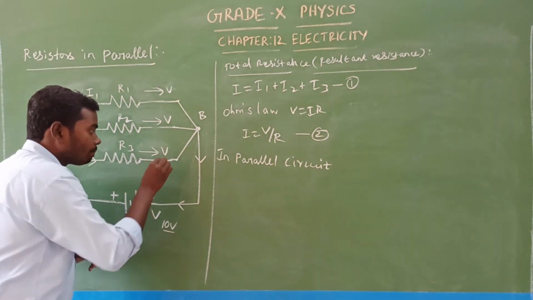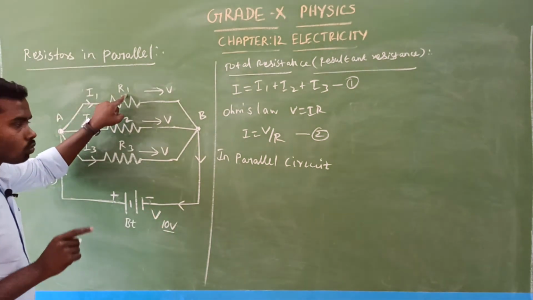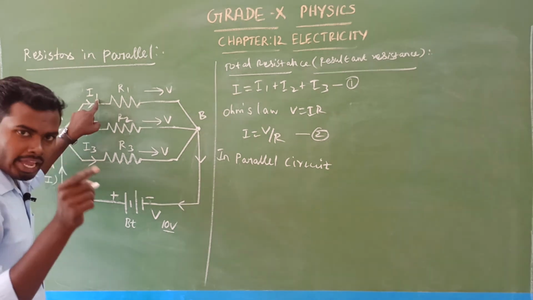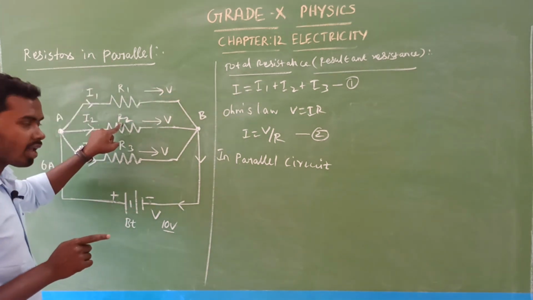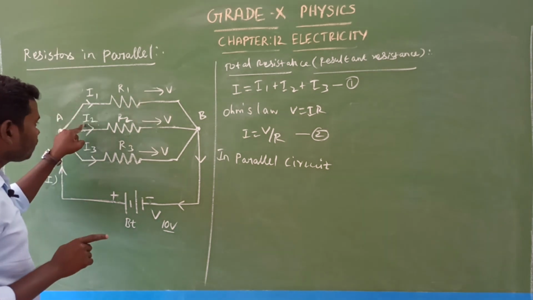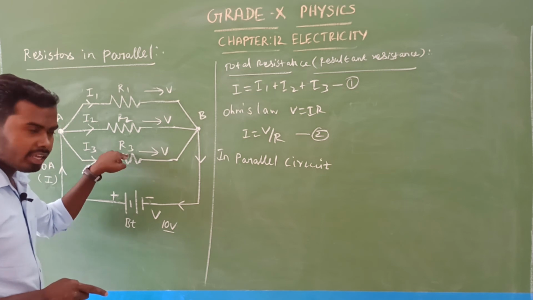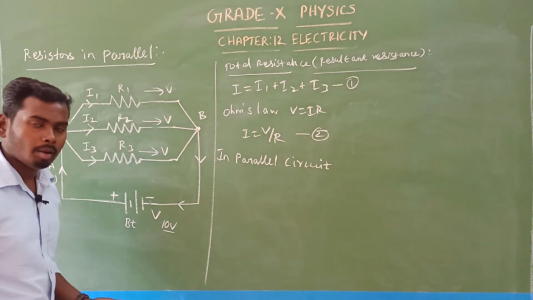Already we know in parallel combination, potential difference remains same. So across resistor R1, the current is I1 and potential difference is V. Across resistor R2, the current is I2 and potential difference V. Across resistor R3, the current is I3 and potential difference is V. Am I right? Yes.